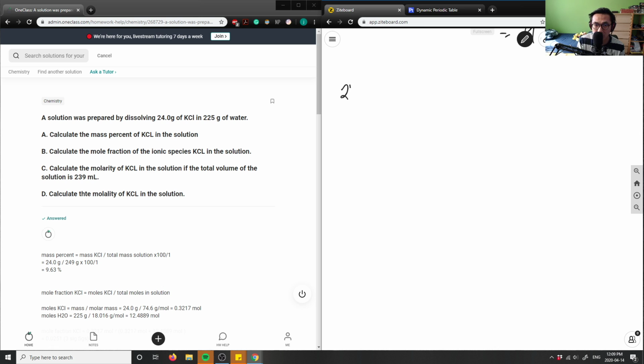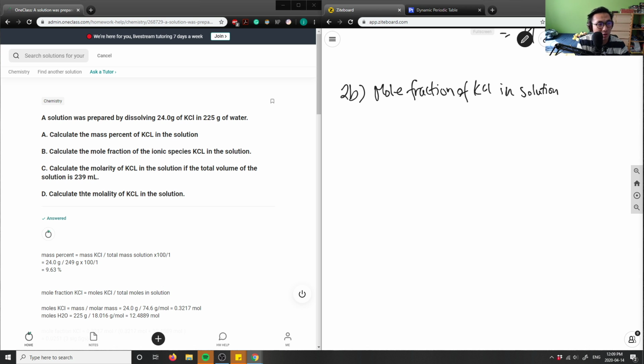So let's look at B here. 2B says calculate the mole fraction of the ionic species. So we're talking about the mole fraction of KCl in solution, right? So what do we mean when we talk about mole fraction? Take a moment to think about this problem as well. What is a mole fraction?